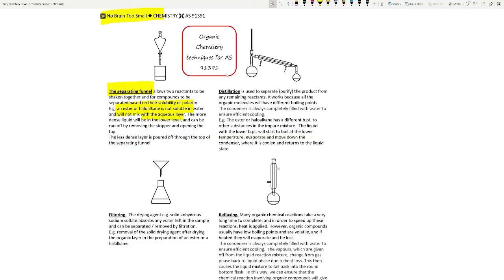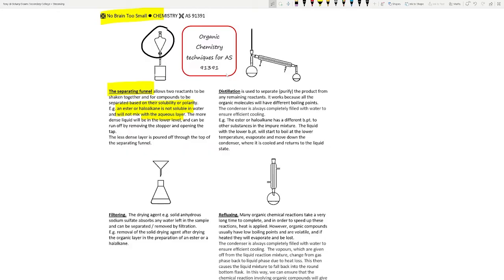What it simply means is that if you have two substances with different polarity and different solubility in this funnel and you mix them together, the denser liquid will go to the bottom and the other one will go on top. Like oil mixing with water, the oil sits on top of the water and they won't mix.